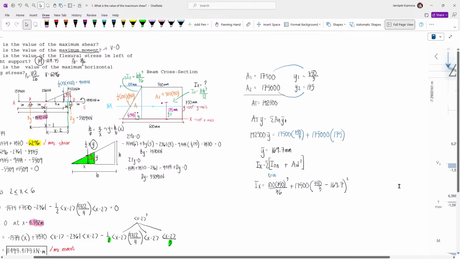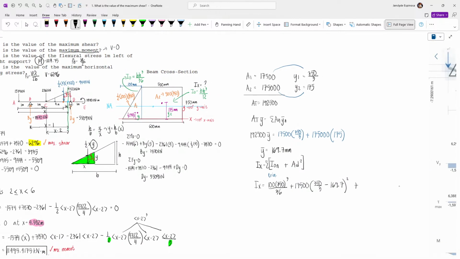Now, for the rectangle, we have plus na pod, na ako lang na siyang i-bracket. For the rectangle, we have a height of, I of BH cubed over 12.